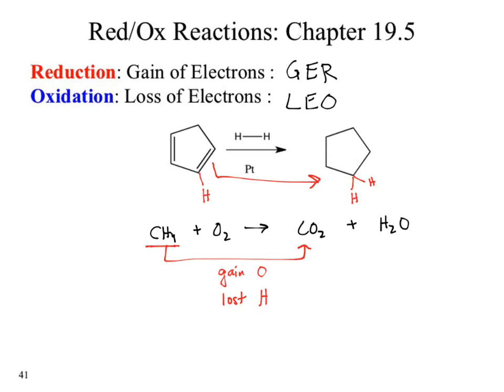Could that be an oxidation reaction? No, because the oxidation is loss of hydrogen. So what happened? I did the opposite of it. The opposite of oxidation is reduction. So by looking at a reaction, I can try and classify it according to oxidation and reduction and using some other terms to help me kind of whittle my way through without having to do calculations. Okay?